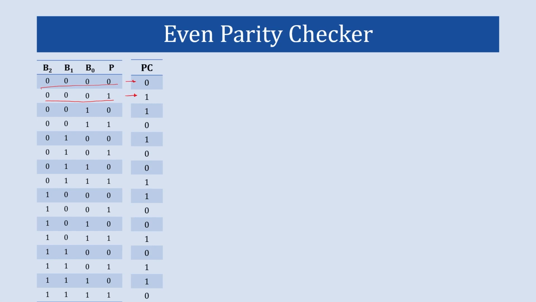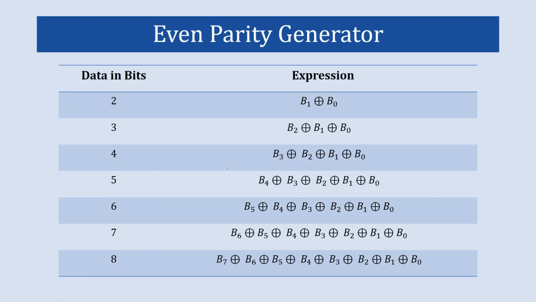Now you can see that this data table is similar to that of the even parity generator for 4-bit, and there we have seen the simplified equation for 4-bit data. The equation looks like this. So we'll directly use this equation for the even parity checker.